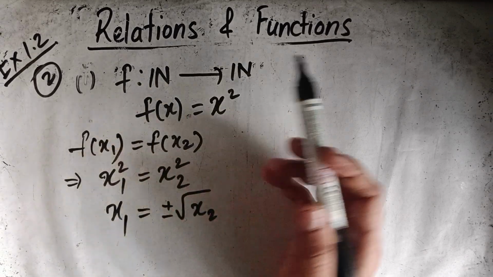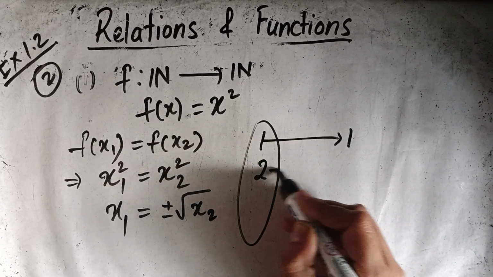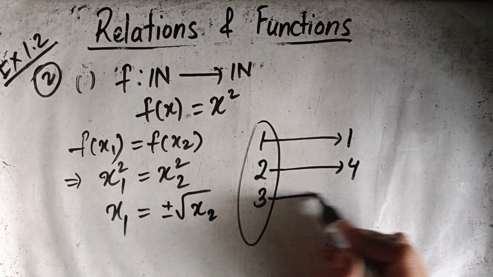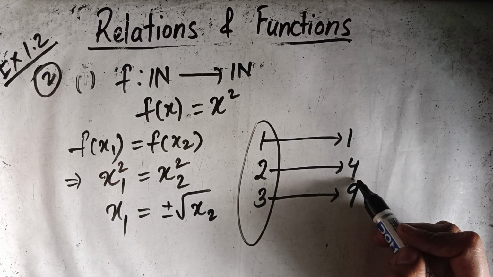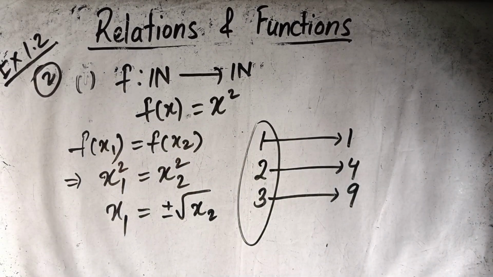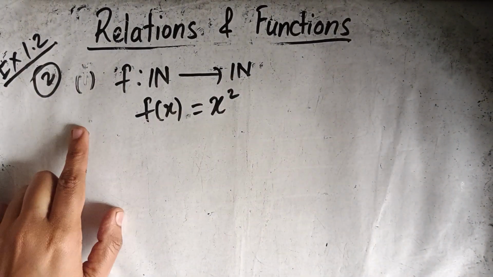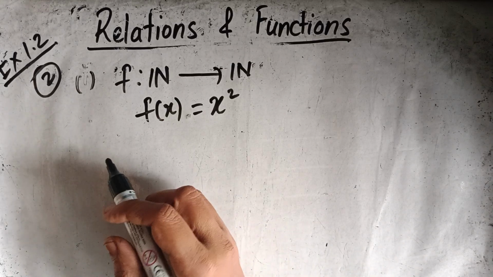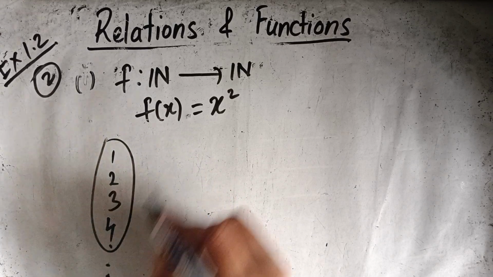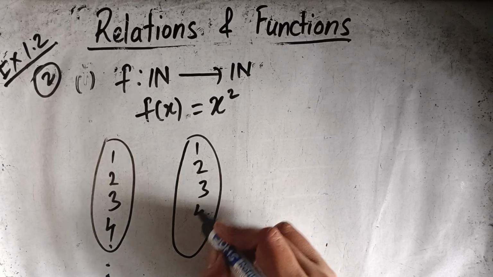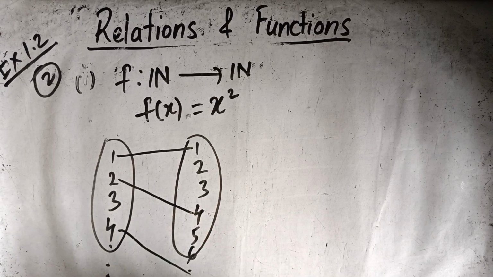Now here negative numbers are not there. That is, if you are taking 1, it will go to 1. If you are taking 2, it will go to 4. If you are taking 3, it will go to 9. So all are mapped and it is one-one. Now for second, onto: 1, 2, 3, 4 and so on; 1, 2, 3, 4, 5, 6 and so on. 1 is going to 1, 2 is going to 4, 3 is going to 9, 4 is going to 16.